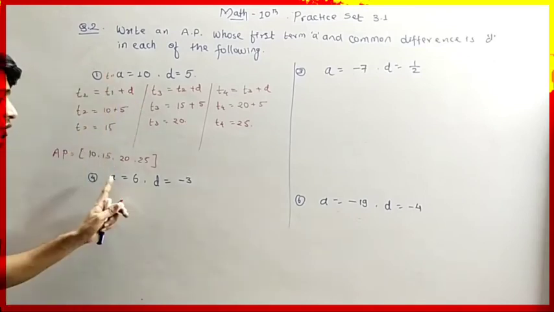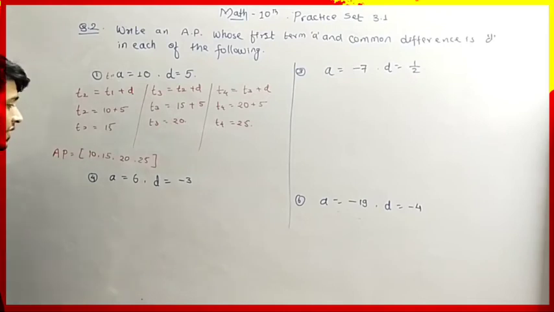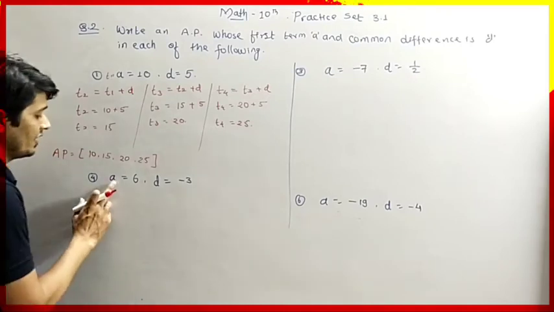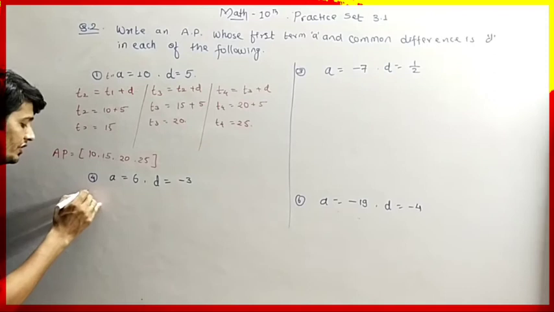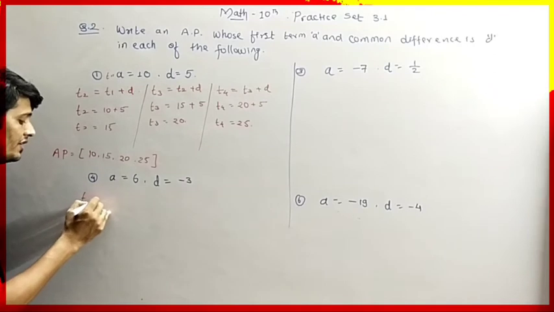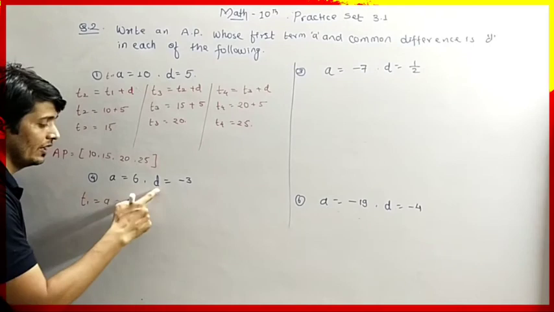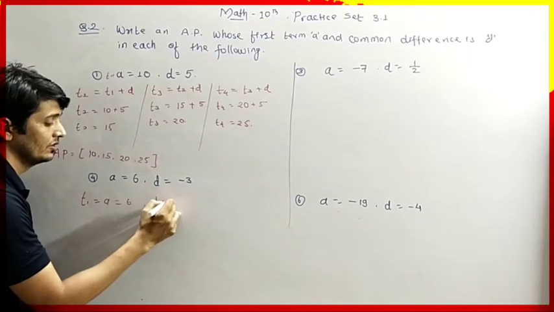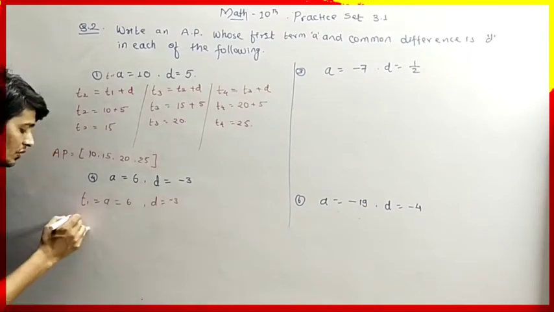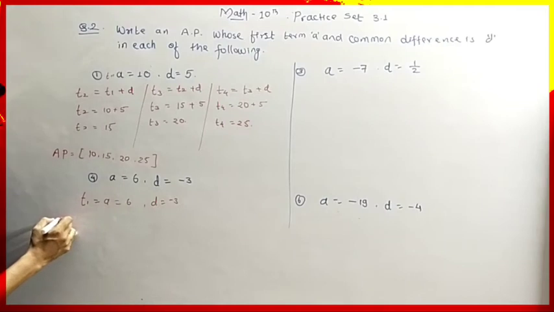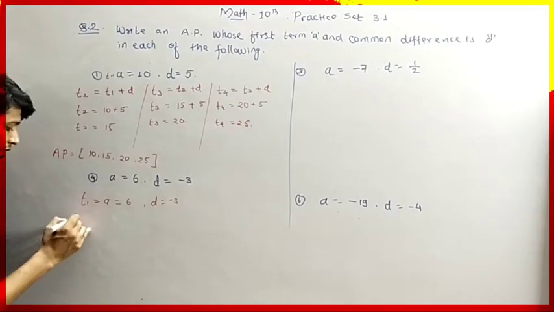Now we are going to solve the second one. Here A equals 6. A is nothing but T1, and it equals 6, and the common difference is minus 3. The first term T1 is given. Now we have to identify T2.